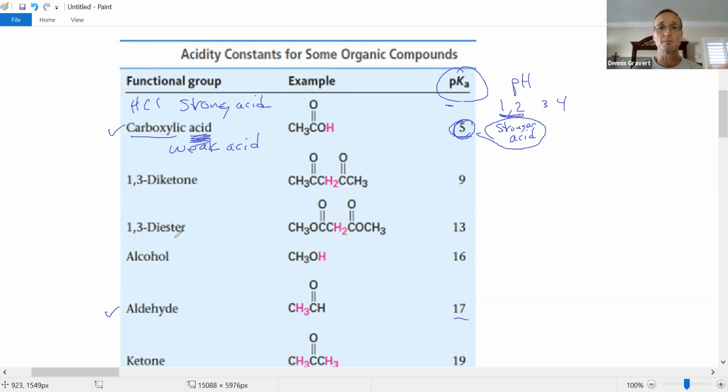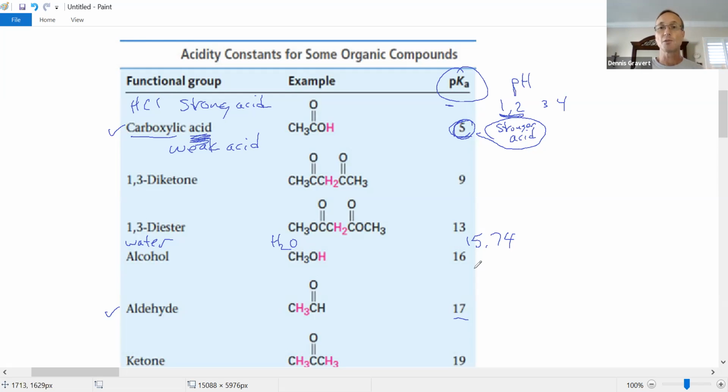Now let's compare it to something a little more familiar. What if we have water? H2O. I had to go and look it up. It's 15.74. There it is.